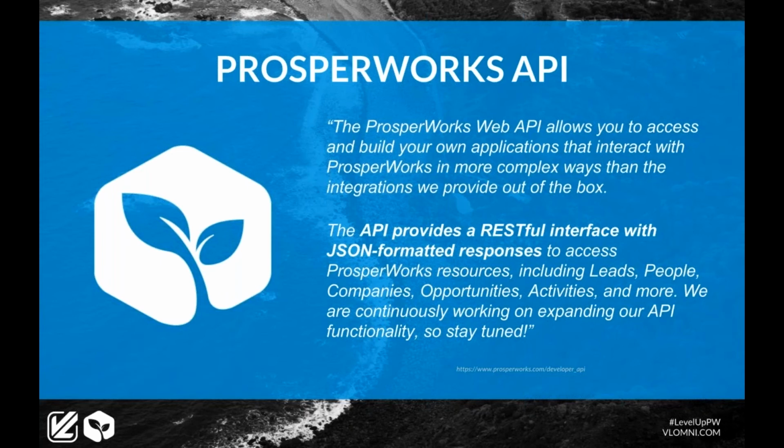So Bensei, I'm going to pass it back to you now to talk about the actual ProsperWorks API, and get into webhooks as well. Yeah, so I wanted to tie back to what you mentioned, which is the personality of an API, and I would like to run with that idea here a little bit.